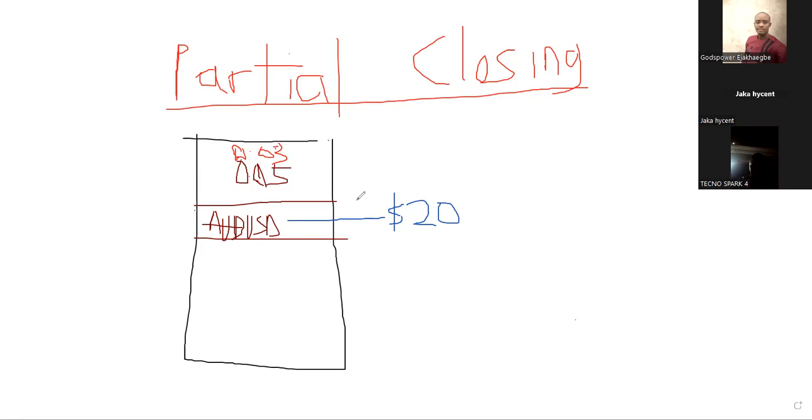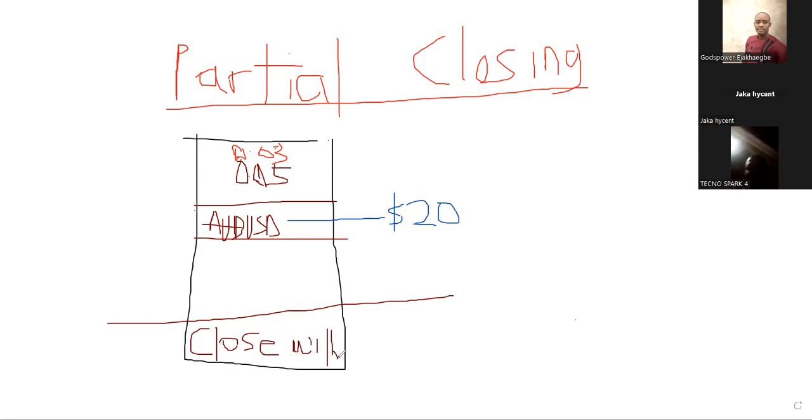So once you reduce this 0.05 to 0.03, at the bottom, what you will see is close with profits, $12.